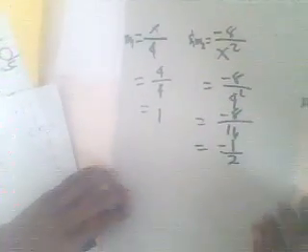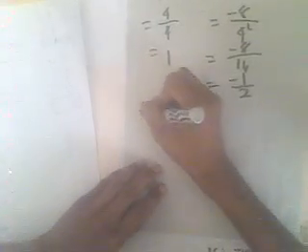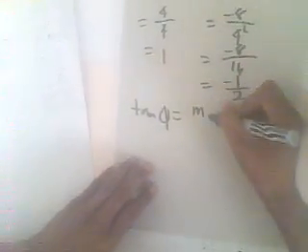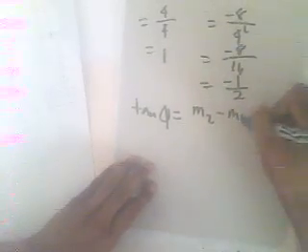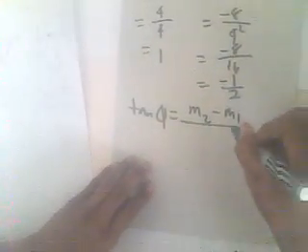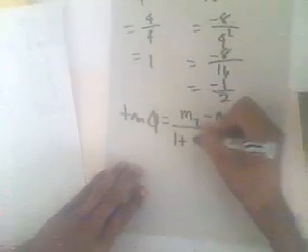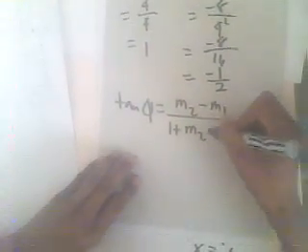We now have our two slopes, which we need for our formula: tangent phi is equal to the second slope minus the first slope, over 1 plus the second slope times the first slope.